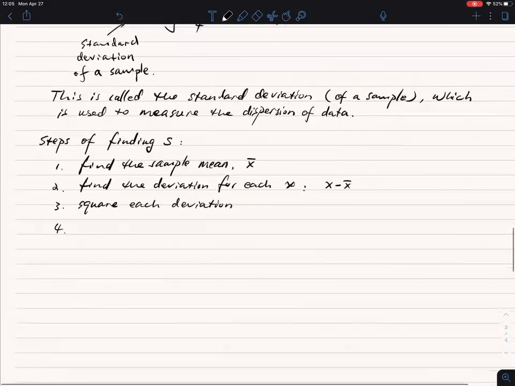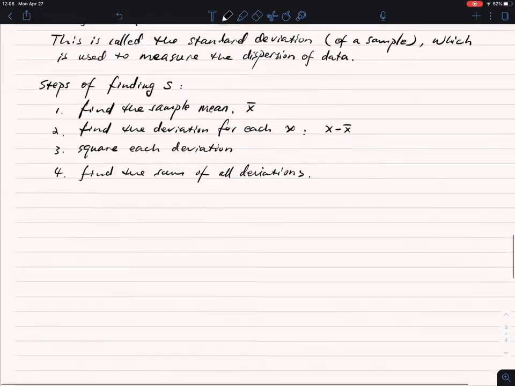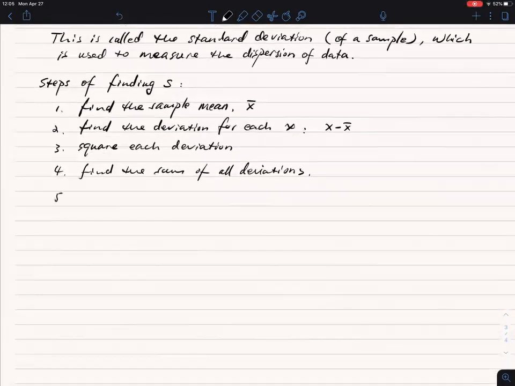And next step, we find the sum of all deviations. And now we are at the point that we can find the standard deviation, which is given by the square root of, if I write it in words, the numerator is the sum of squared deviations.